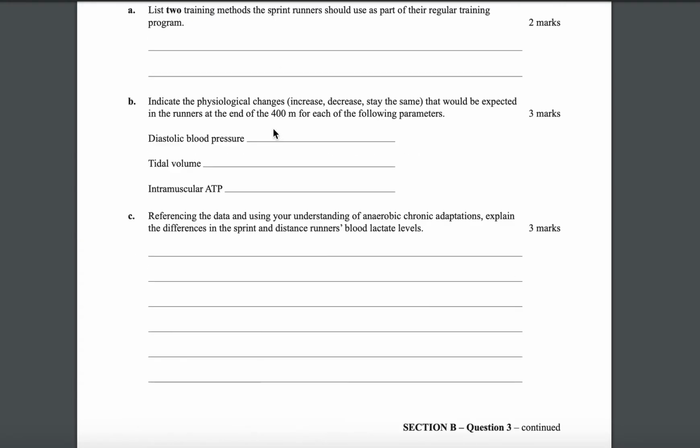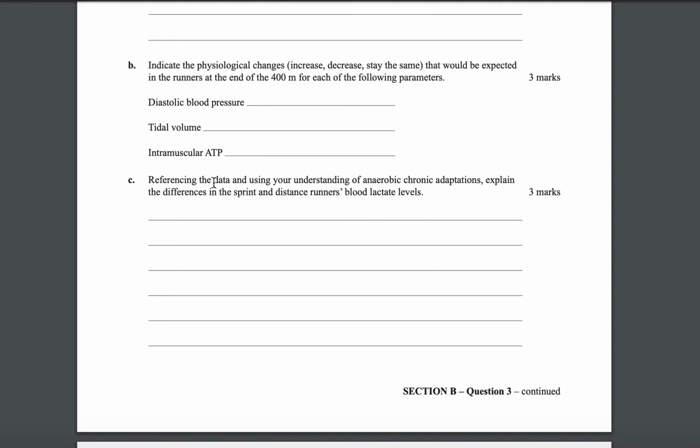So if we go down to 3C, referencing the data, now that's telling me that I should almost be explicit in my answer. And using your understanding of anaerobic chronic adaptations, that's making the link of all those questions I had earlier. I now need to explain the differences in the sprint and distance runners' blood lactate levels.